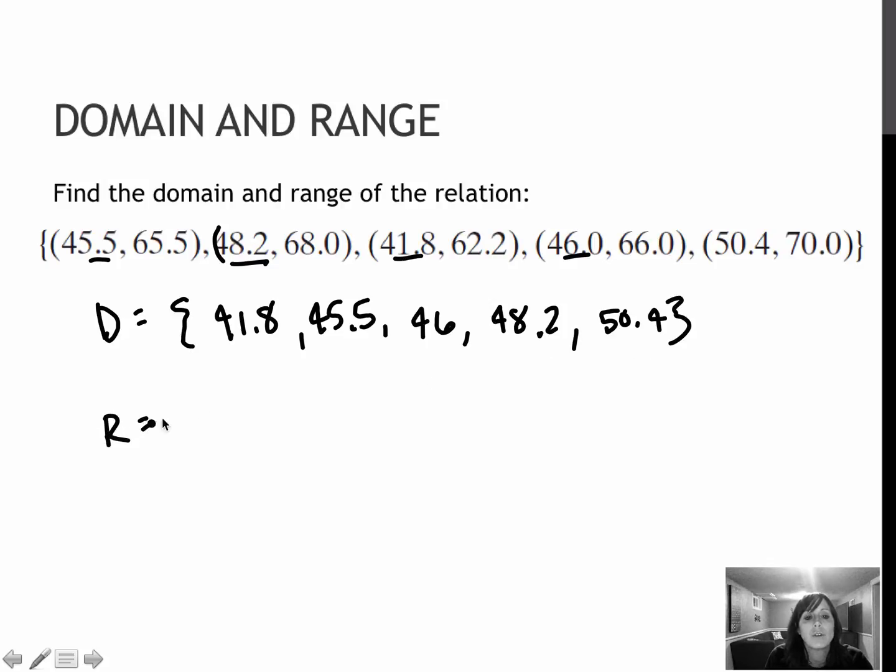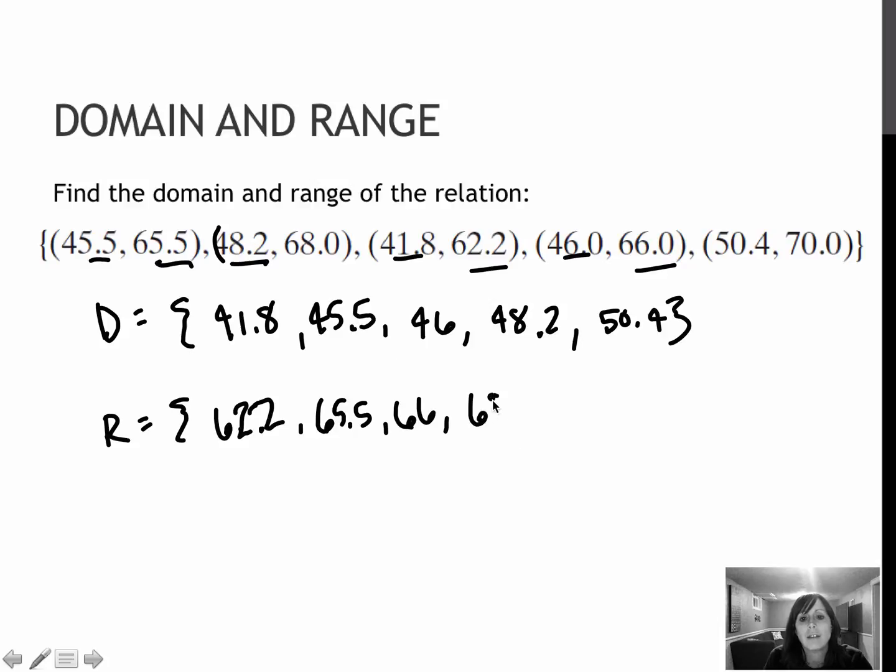The range would be 62.2, 65.5, 66, 68, and 70. That would be my domain and range.